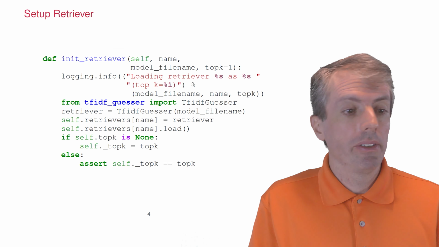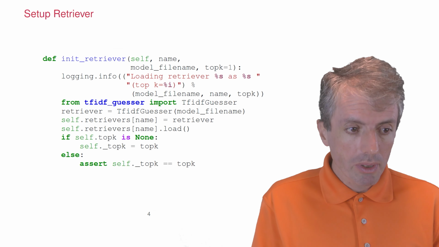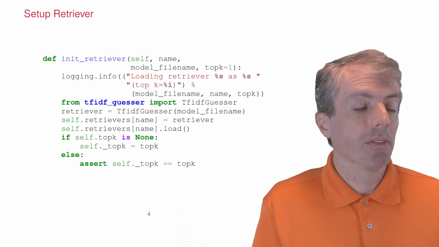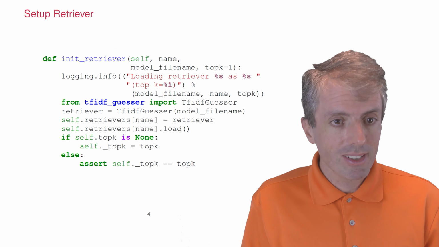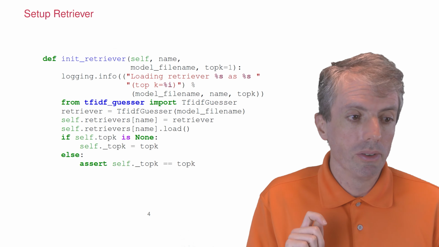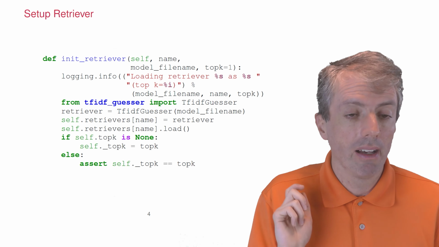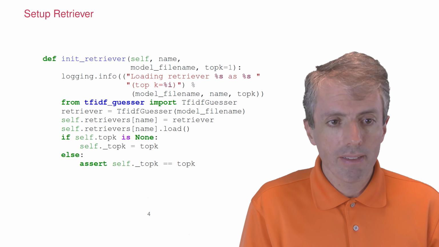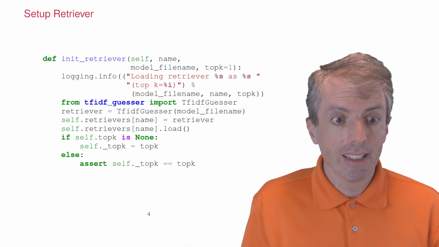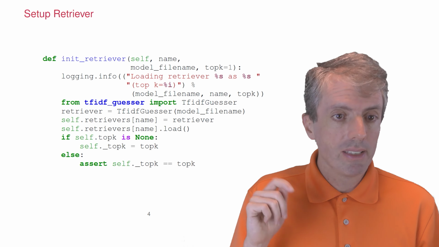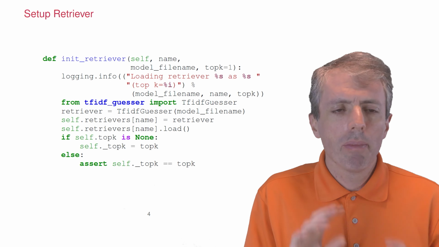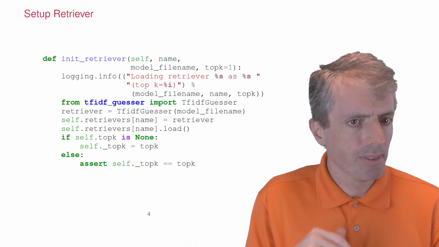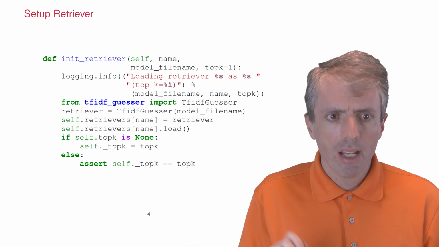The first thing that we need to do is set up our information retrieval system. I often use the example of trying to answer quiz bowl questions. So here we're going to use sklearn implementation of TF-IDF retrieval in a class called TF-IDF guesser. If you take a look at the link to the homeworks below, you can see how that got implemented, but it's a really simple TF-IDF system for retrieving questions.